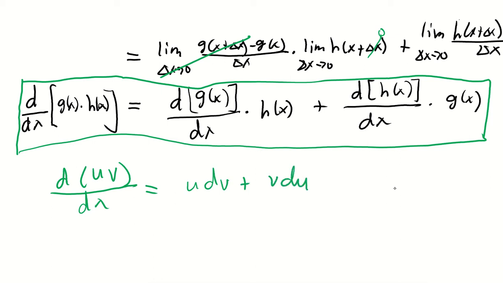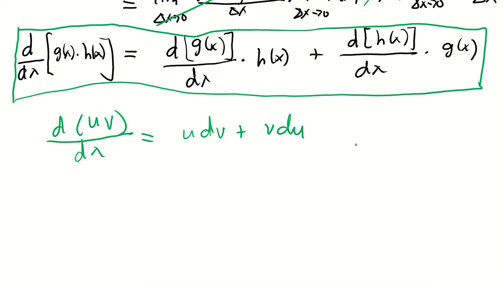It's the same, just in another arrangement. So you take the first function, multiply it with the derivative of the second, then add it with the product of the second function and the derivative of the first. So alternate. It's the same thing.